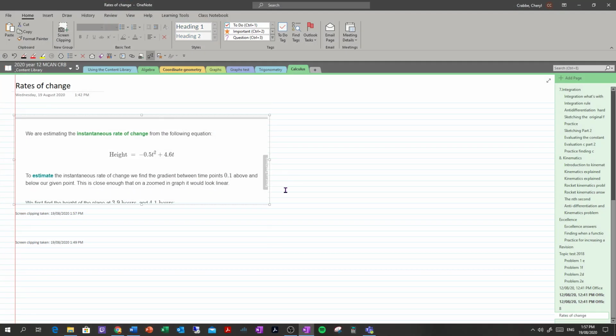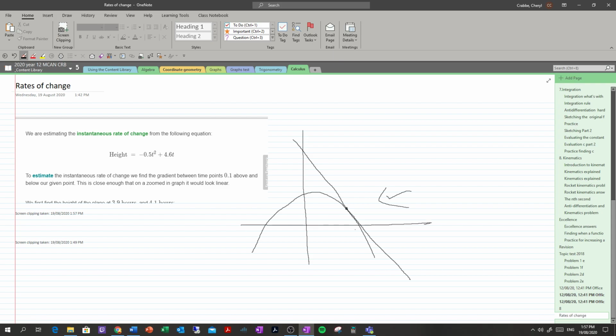what we're learning is that I could draw that parabola, and I could estimate at a particular point, by drawing a tangent, what the instantaneous rate of change is for that plane, how fast it's going at a particular point. I could find the gradient of that tangent at whatever point we're dealing with.